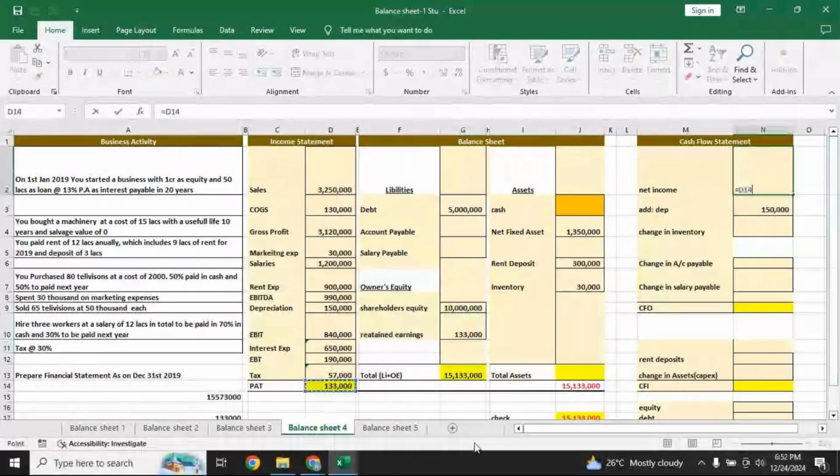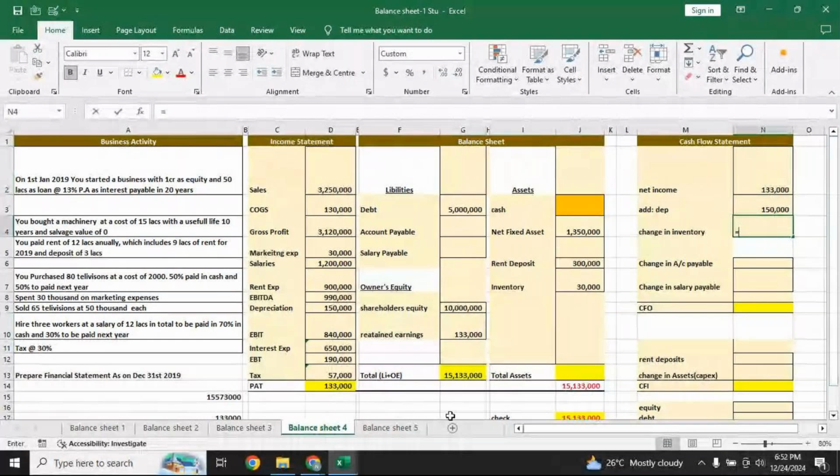So change in inventory equals 80 into 2000 minus 65 into 2000. This is the change in inventory. Account payable. So I am paying 50% by cash and 50% I will be paying it later.